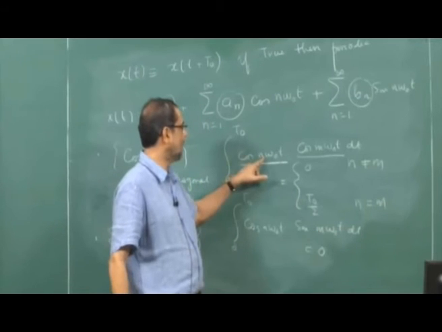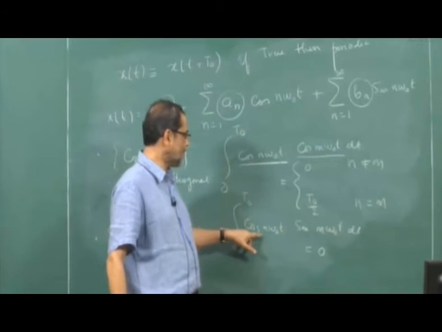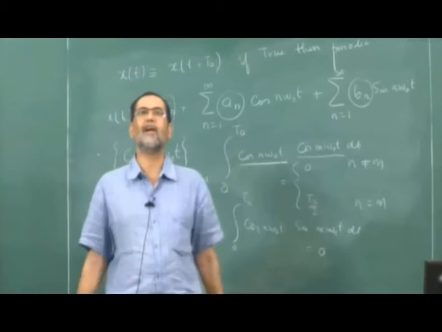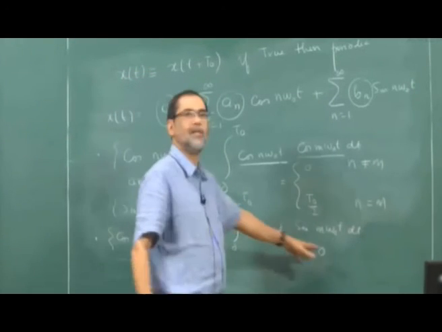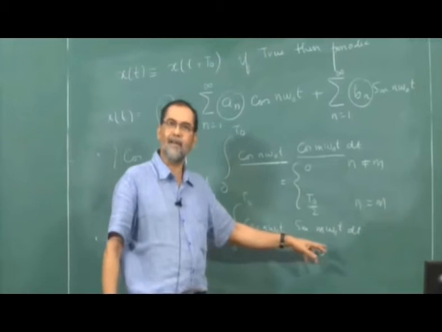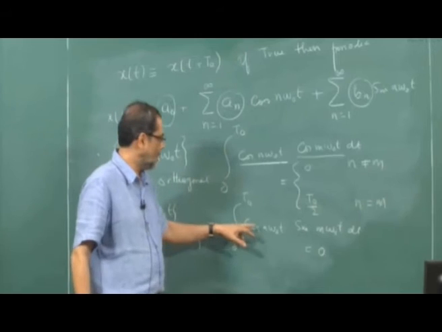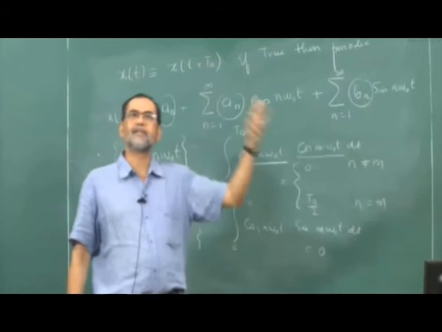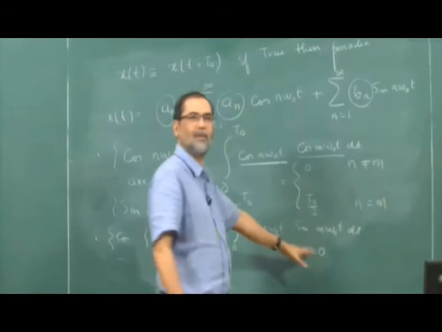When n and m are equal for two cosines, it is T by 2. But when one function is cosine and the other is sine, n and m can take any value including identical values, and they will integrate to 0. If n and m take the same value, this will be a sine of 2 n omega naught t by 2, and by the first property, sine integrates to 0. So this will always integrate to 0.